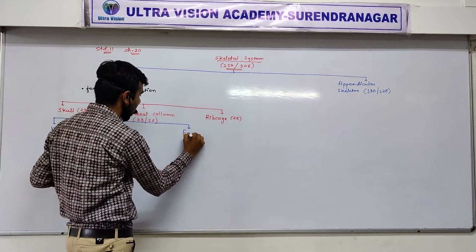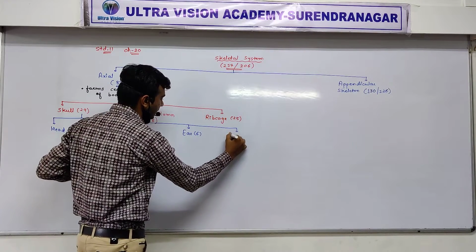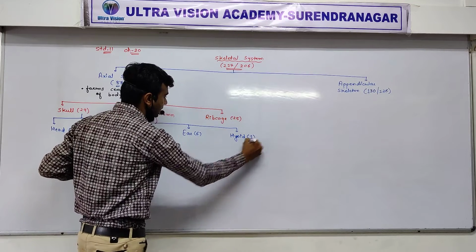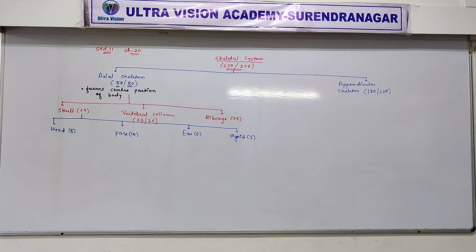Ear, in that 6 bones are there, and hyoid bone, that is 1. Understand something, yes or no? Yes. 29, it is divided into 4 groups: 8, 14, 6 and 1.